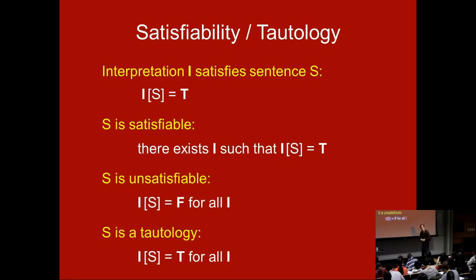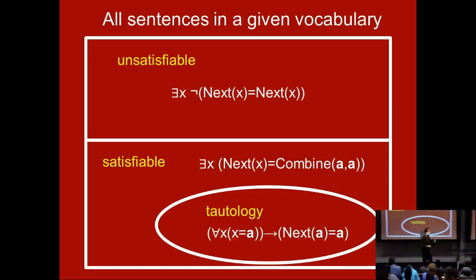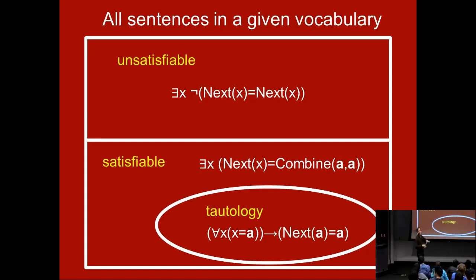And it's unsatisfiable if there isn't an interpretation that makes it true, or every interpretation makes it false. And S is a tautology if every interpretation makes it true. Just as before, every sentence, once you fix a vocabulary, is either unsatisfiable or satisfiable. And if it's satisfiable, it might also be a tautology.